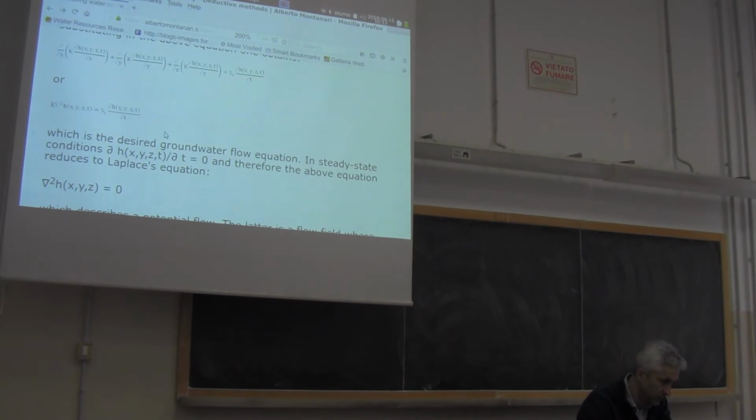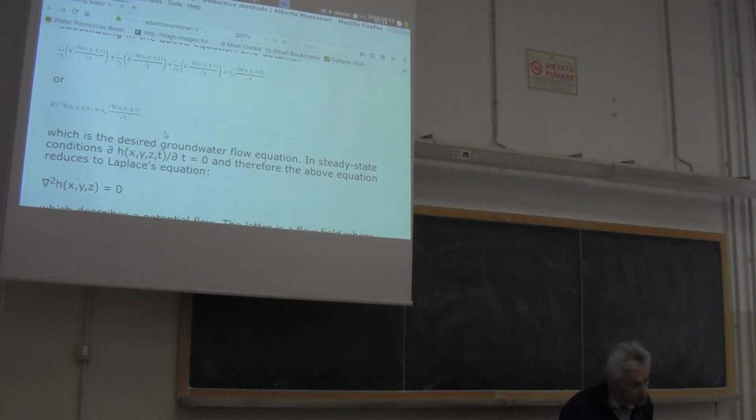And if you don't refer to steady state, then you also have to define for the aquifer the volumetric specific storage, which is another parameter that is fairly independent of hydraulic conductivity. You don't need to define it if you refer to steady state.